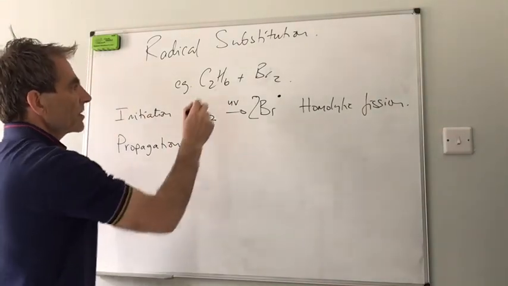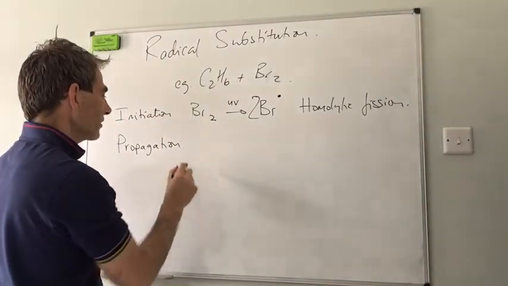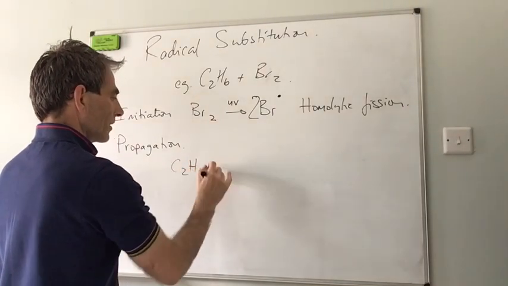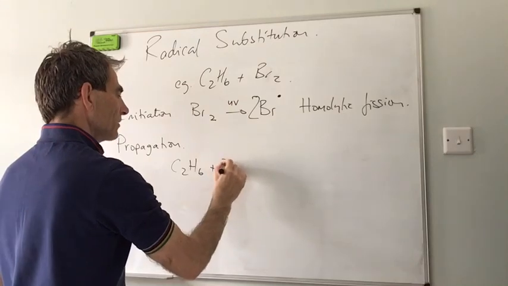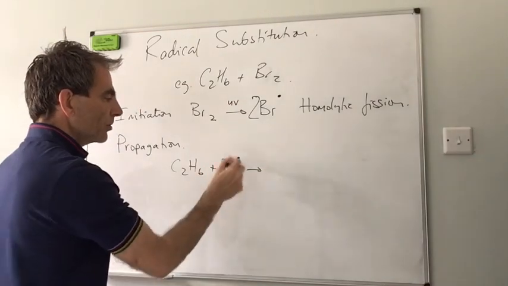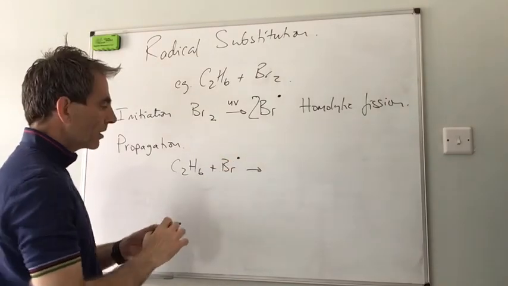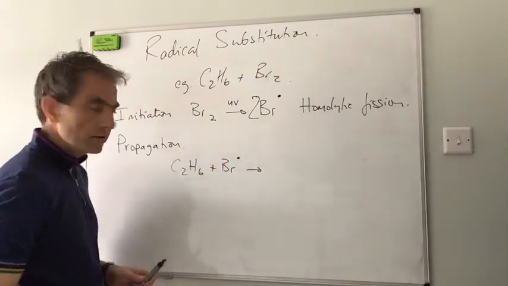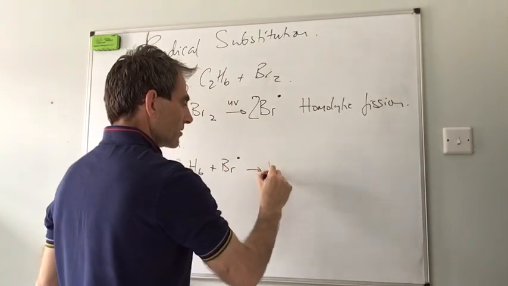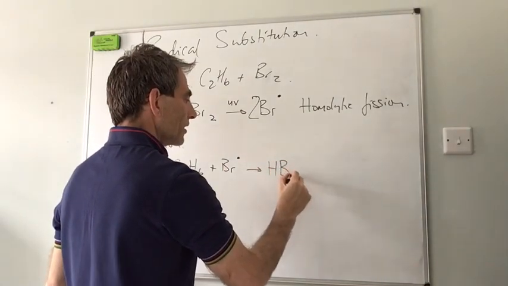So what we're going to do is take the ethane molecule, C2H6, and we're going to take one of those radicals. And what happens is the bromine radical gets the electron by stripping out one of the hydrogens from the alkane molecule. So I always tell students to put the hydrogen halide in first.